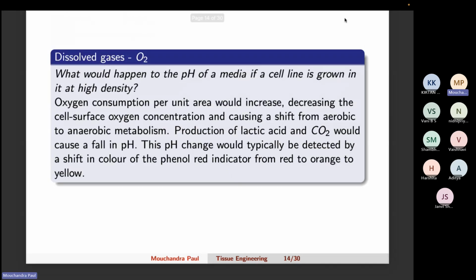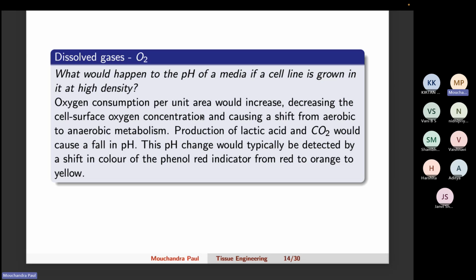So what would happen to the pH of the media if the cell line is grown at a high density? Under these circumstances, will the level of oxygen play any role? If the cell density is very high, then the oxygen consumption per unit area of the cell will increase, because of which there will be a decrease in cell surface oxygen concentration.